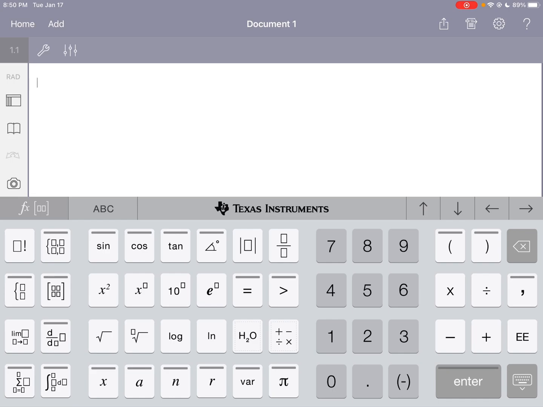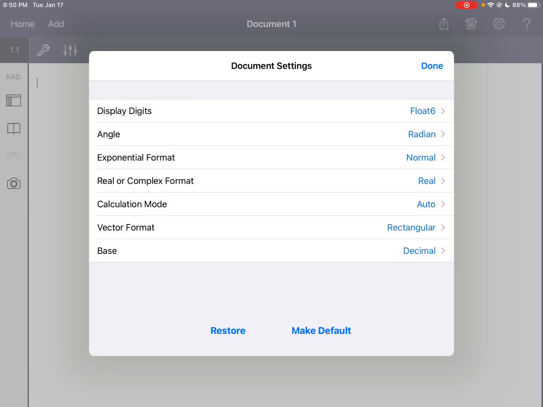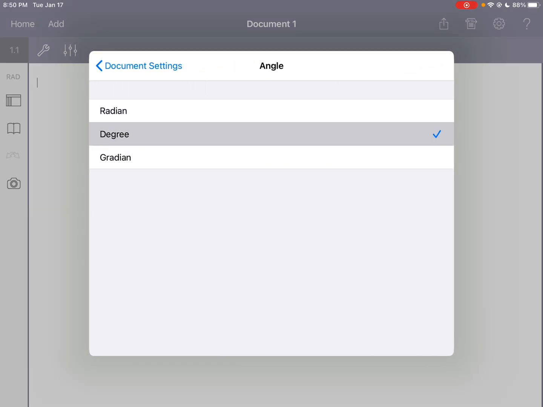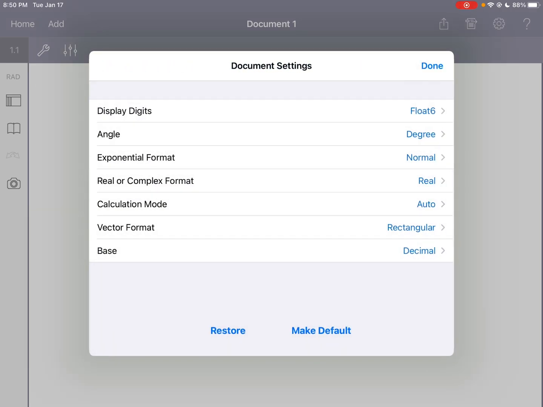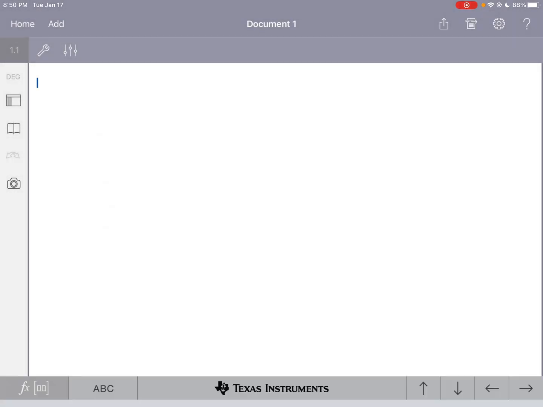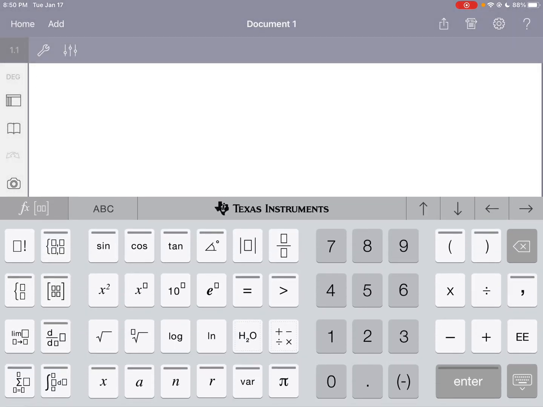If you're using the handheld calculator, it's going to be on the top right corner. It should say DEG. If it says rad like mine, you go to that little gear bar, use your mouse in the top right corner, go down to your angle, switch it to degree, and then hit done.